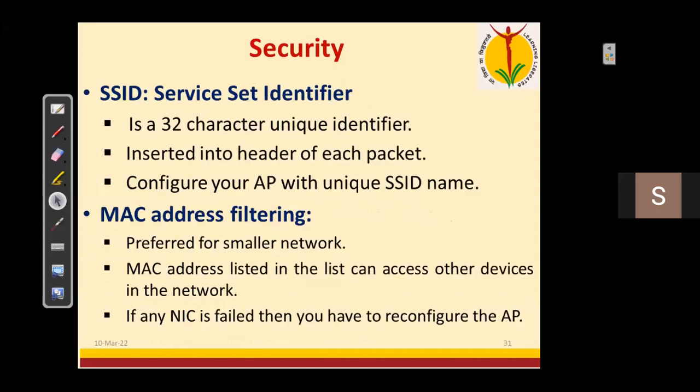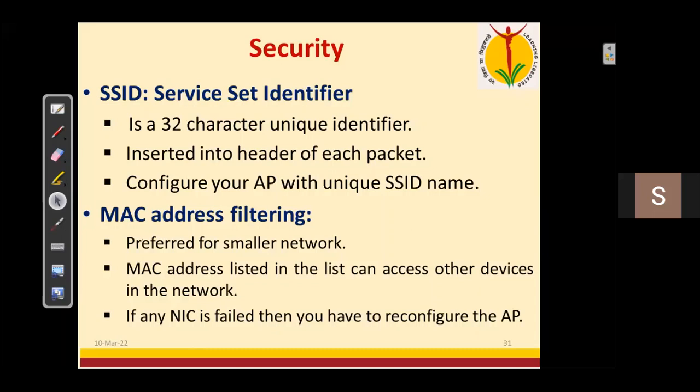Another security is SSID. So SSID we are using in the mobile. It is a 32-character code which is associated with the packet which we are sending. So once somebody is transferring data, in the header his 32-character SSID is there. Therefore we can find out the mobile if it is stolen by somebody else.